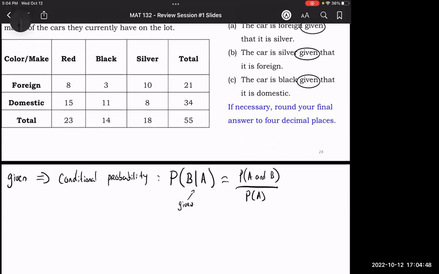What we're computing essentially is the probability of event B occurring given that event A already occurred.